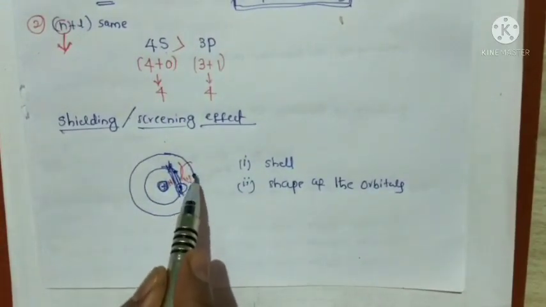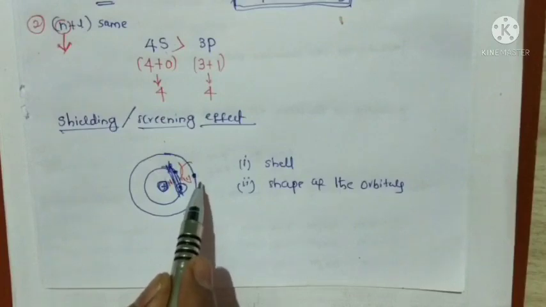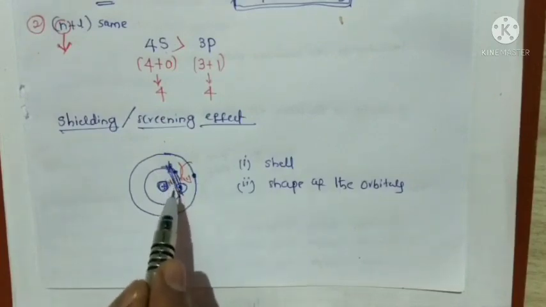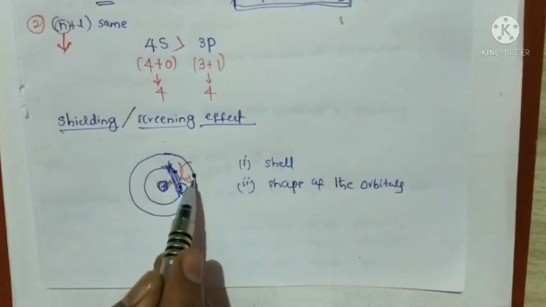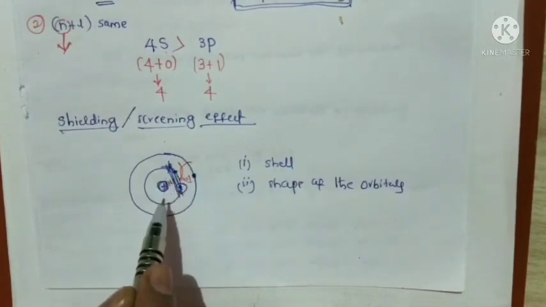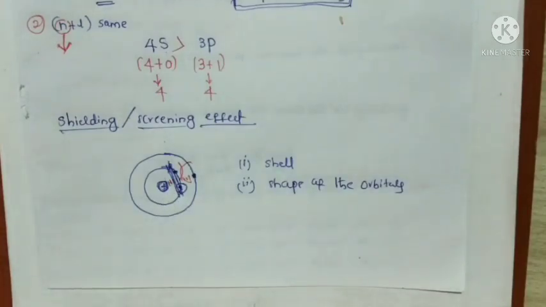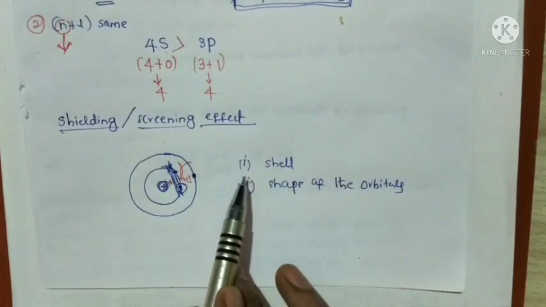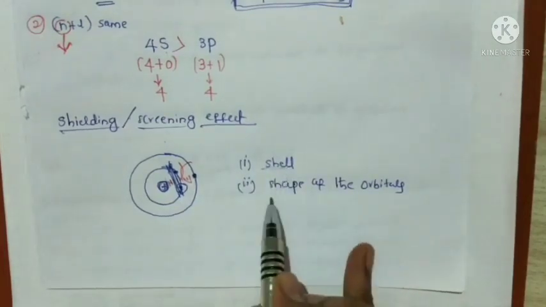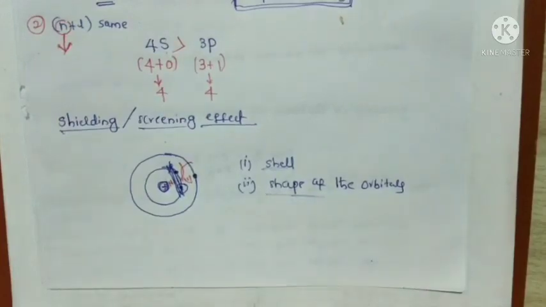Outer shell electrons are shielded by inner shell electrons is called the shielding effect. And this shielding effect depends upon two parameters: one is the shell and the second is the shape of the orbitals.